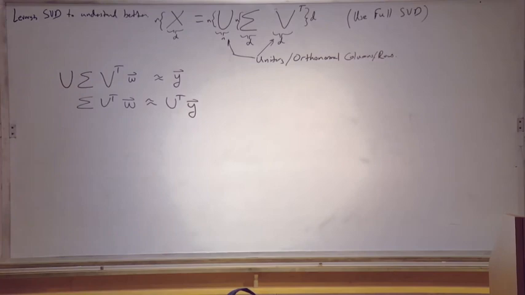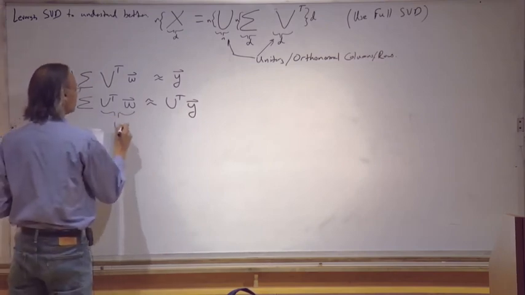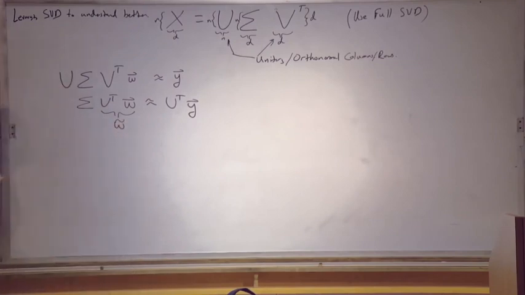I can change coordinates on W to look at a new W, which is V transpose W. And that's fine because all I care about is penalizing its length, and this doesn't change its length. So this is also cool.